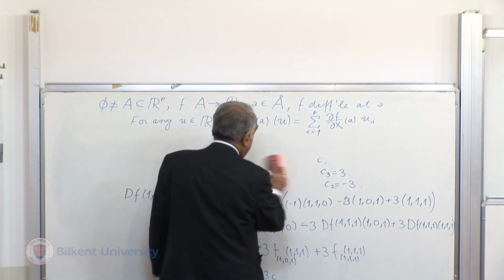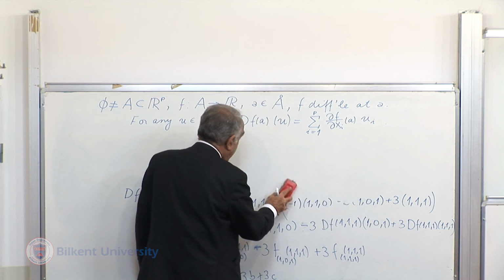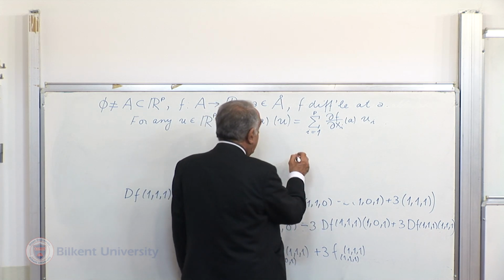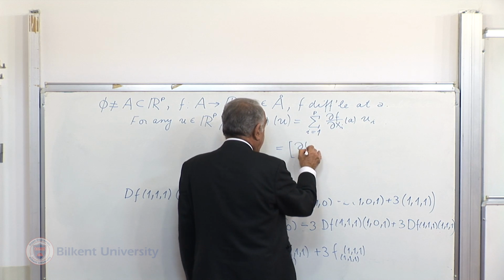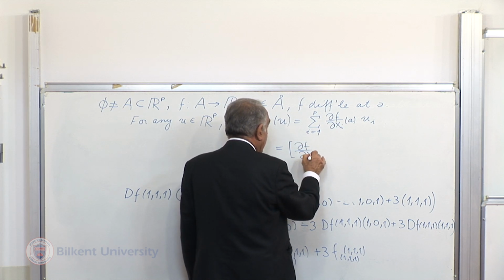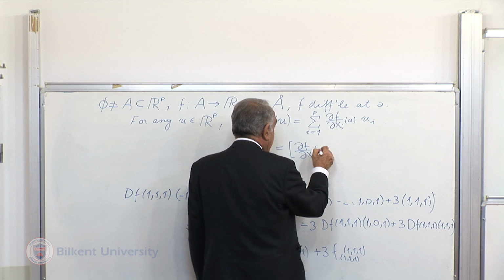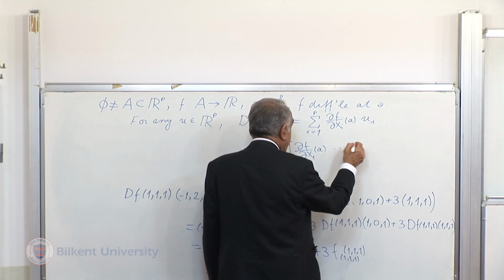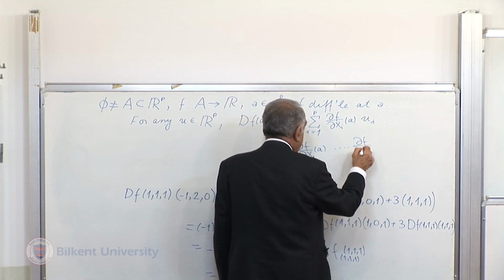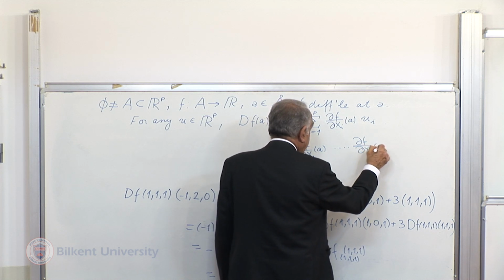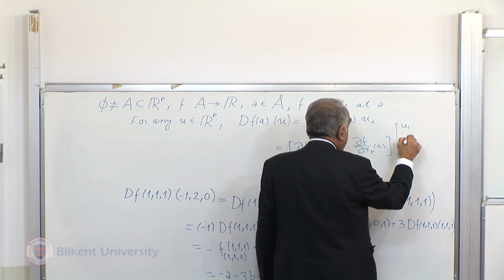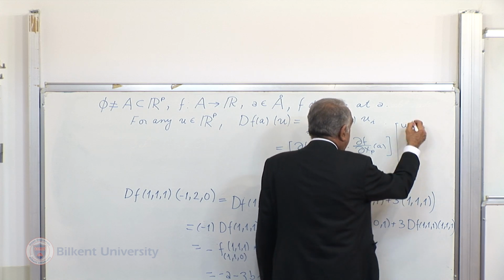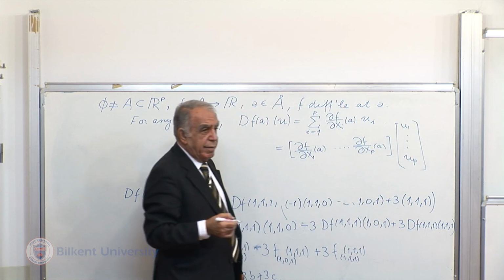But as you see, this is nothing but the row matrix multiplied by this column vector.